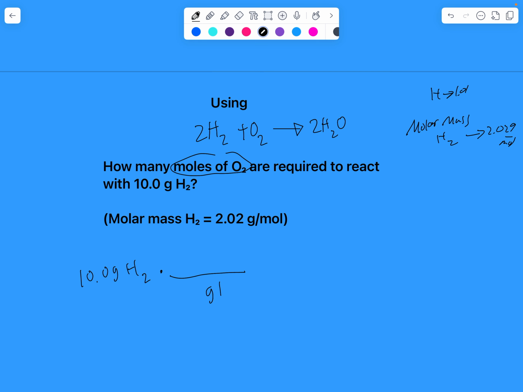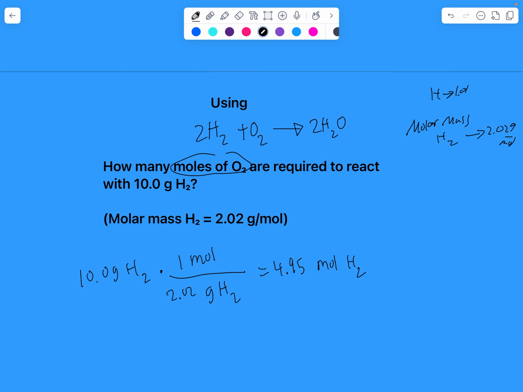I need to get rid of grams of H2. So there's 2.02 grams of H2 for every 1 mole, which would get me 4.95 moles of H2. Three significant figures, we did that.